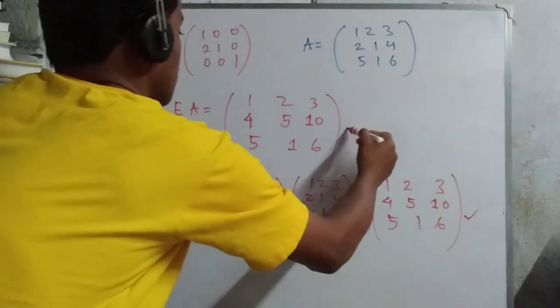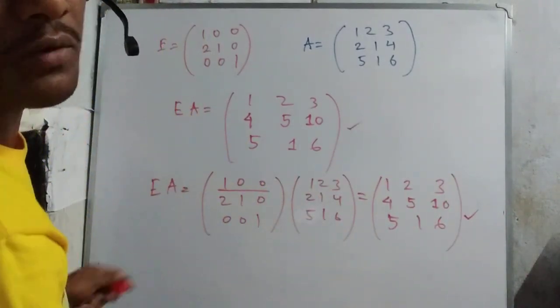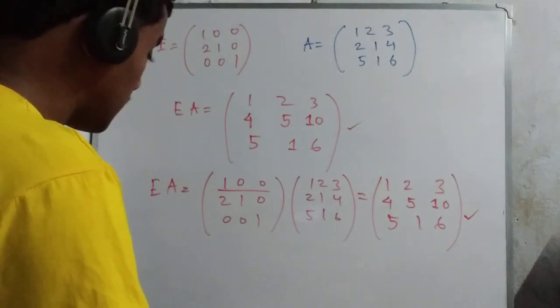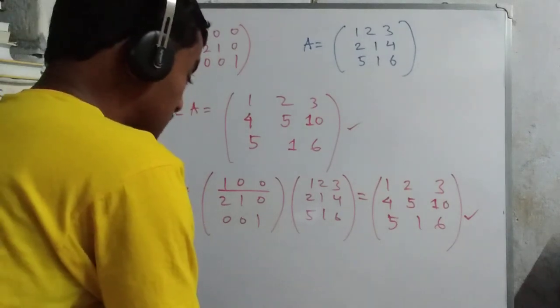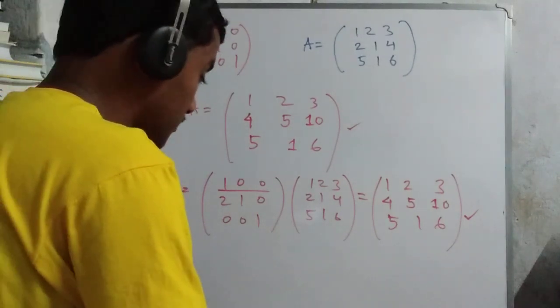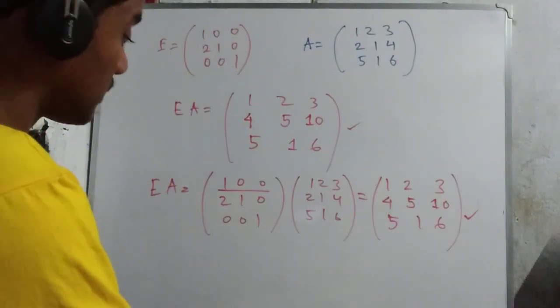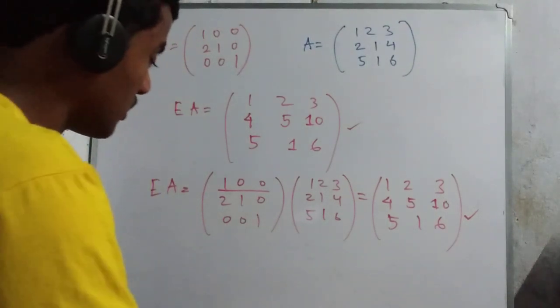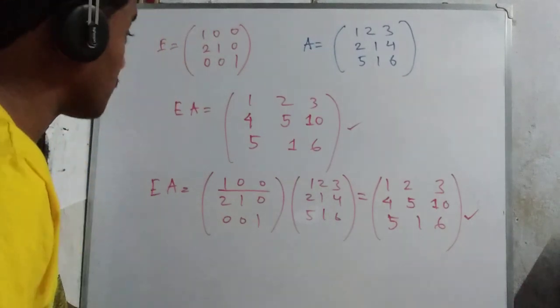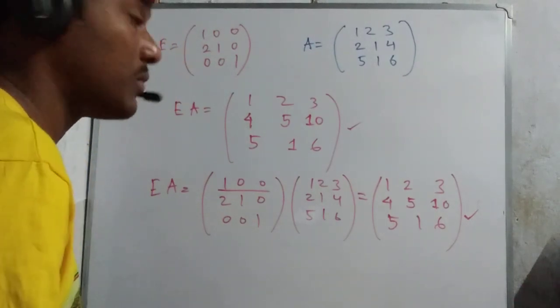Understood? These two are the same, so we can do it quickly. By this theorem we just remember the theorem and then do it quickly. This multiplication is not needed. So this is an easy theorem. We also see it with many examples.